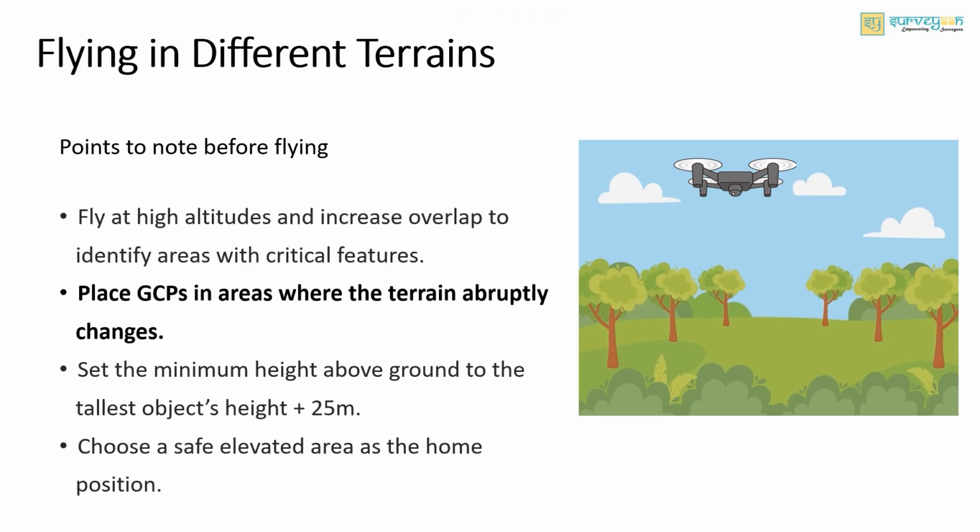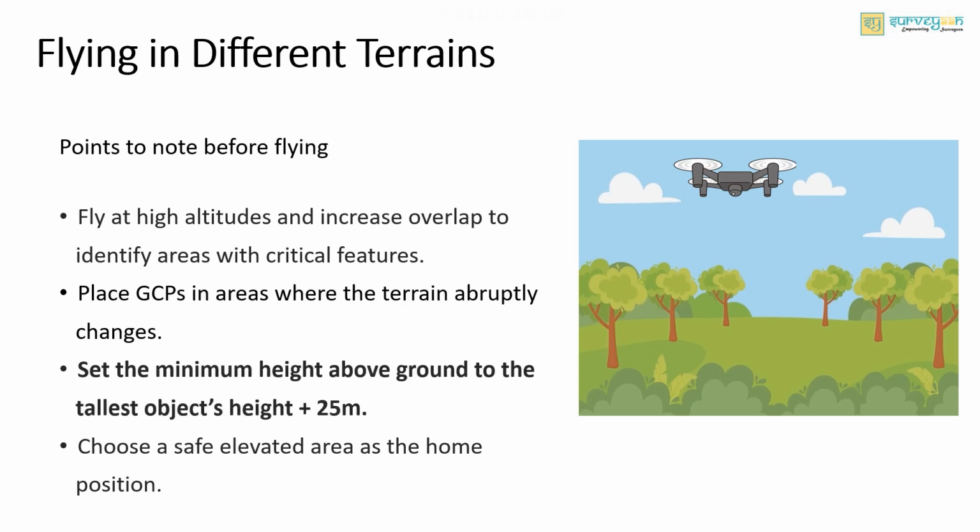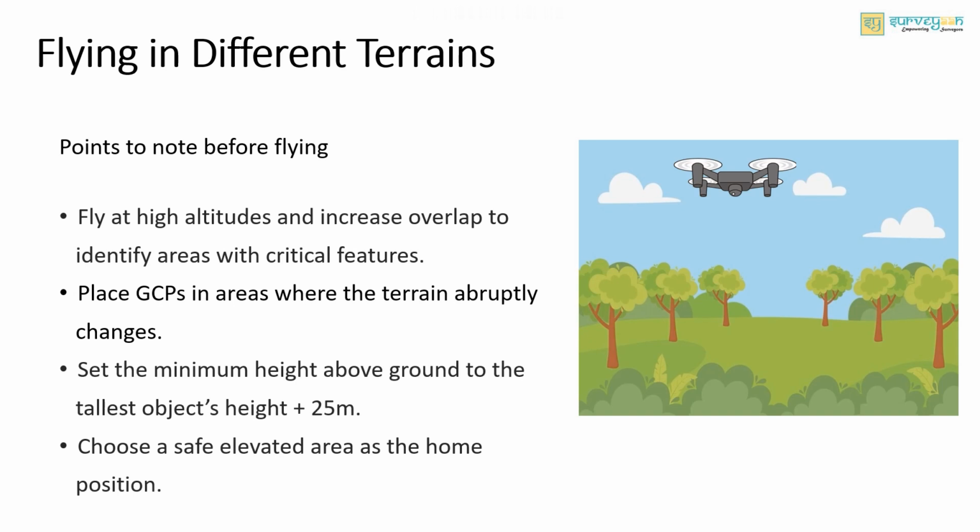Place the GCPs in areas where the terrain changes abruptly. Set the minimum height above ground to the tallest object height plus 25 meters so that you get a clear view of the terrain. And finally, choose the home position away from the trees.